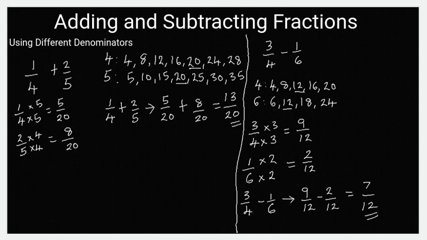It's just that the least will be less work. If we continue with this right here, we can have 24 here too. 4 times 6 is 24. We can actually use 24, but we'll have to simplify our final answer. So that's why we go with the least common multiple and make our work easier.